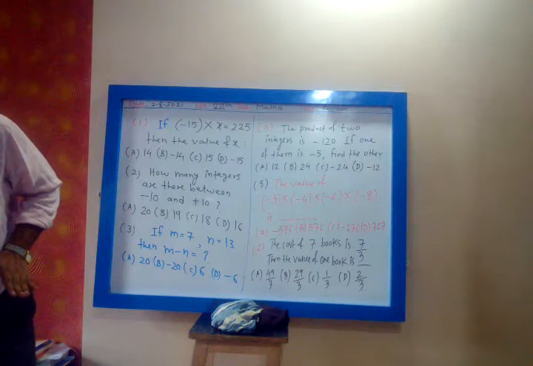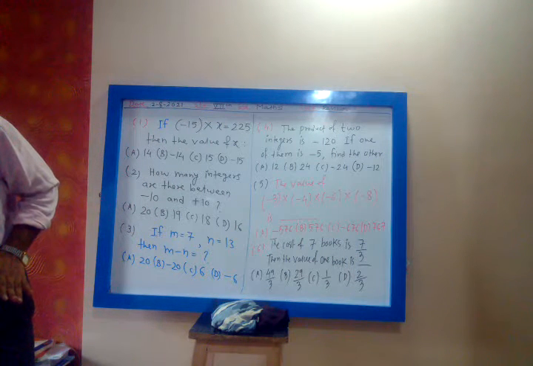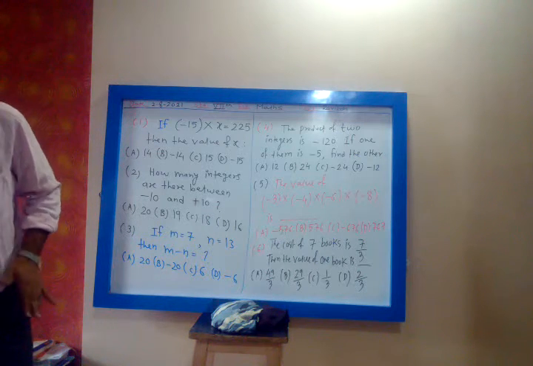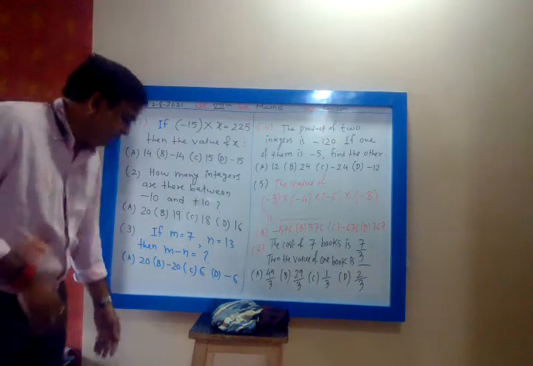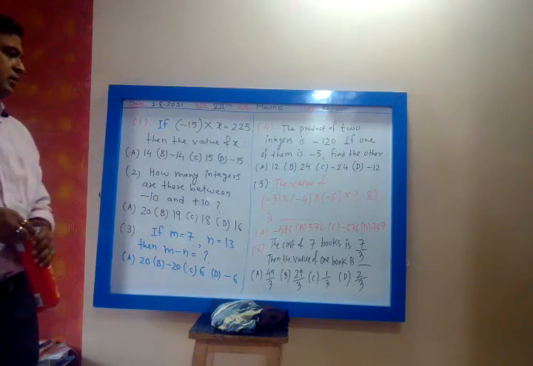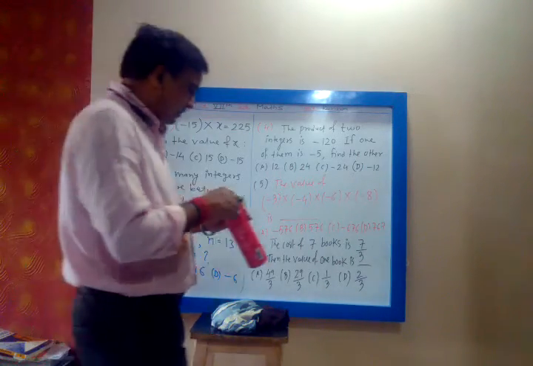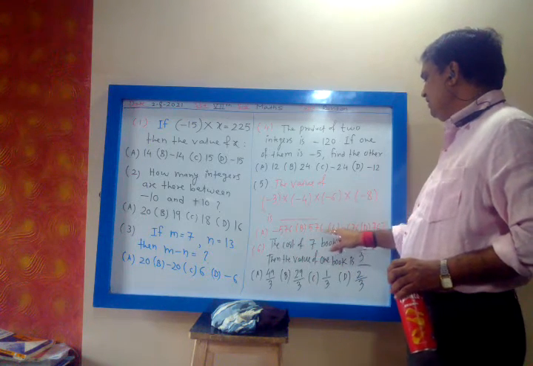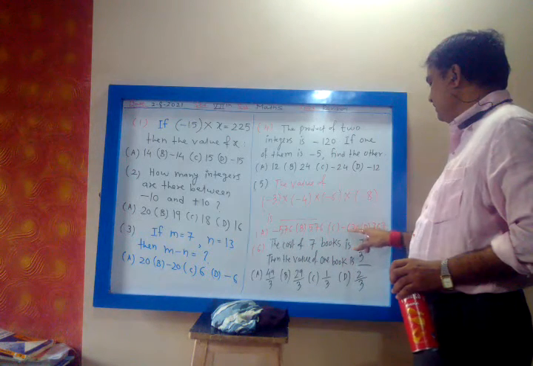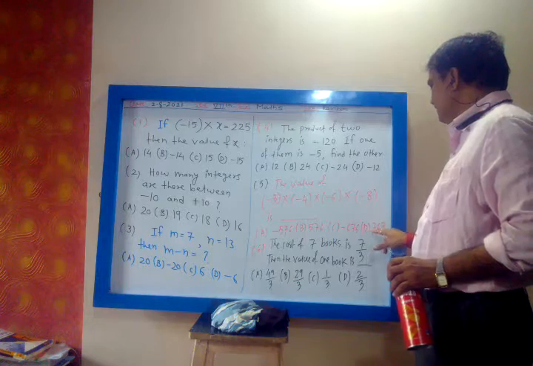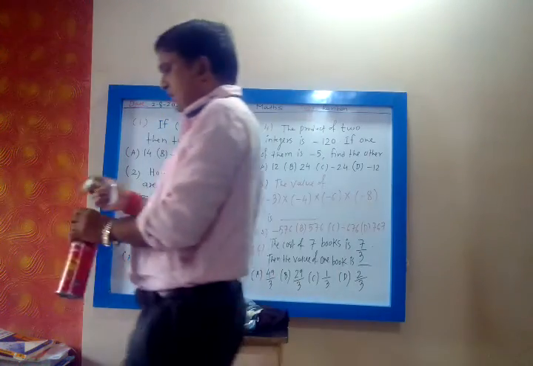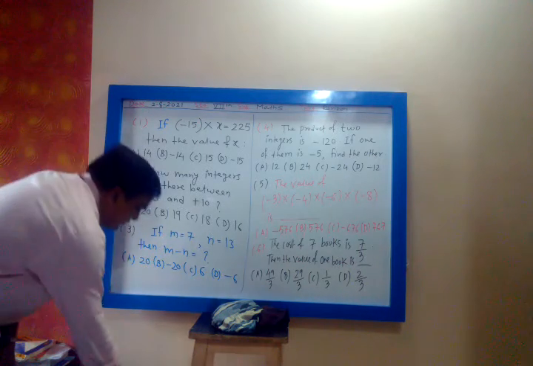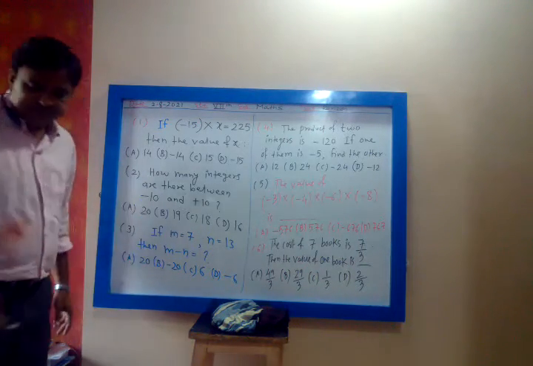Do not tell me the answer, my dear. Unless and until I ask, allow others also to solve. Fifth option is minus 576, 576, minus 676, and D is 767.